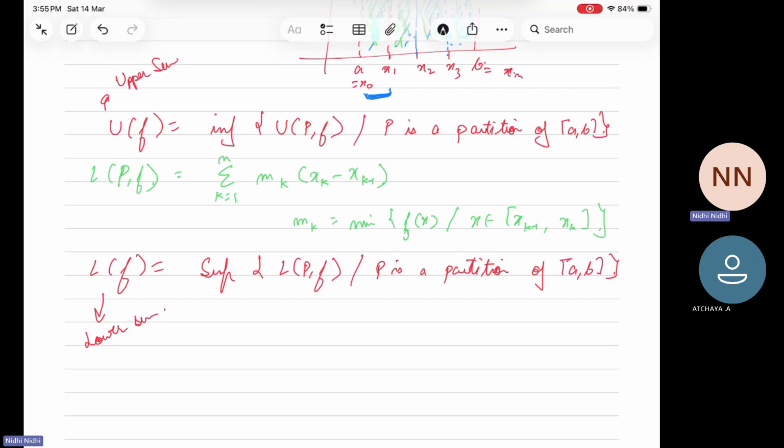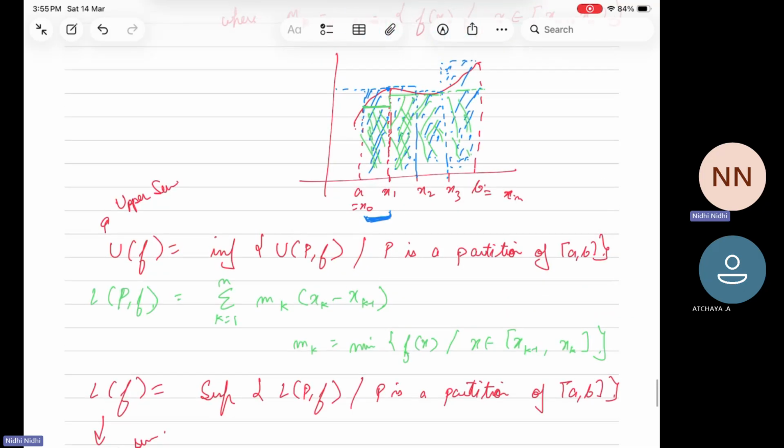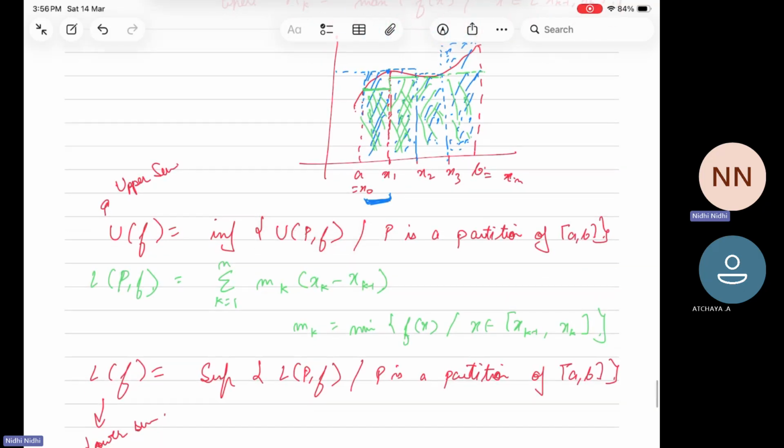We say that a function is integrable if this LF is equal to UF. Basically, once we make the partitions finer, the upper sums are decreasing towards the curve and the lower sums are increasing towards the curve, and eventually we get the area under the curve.